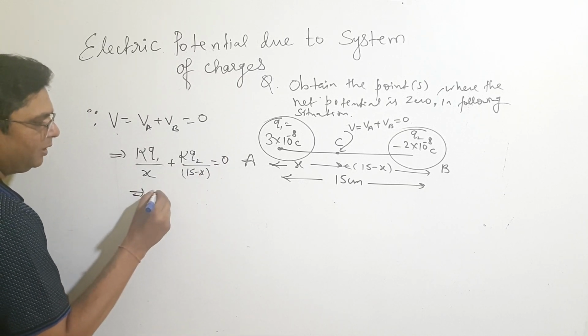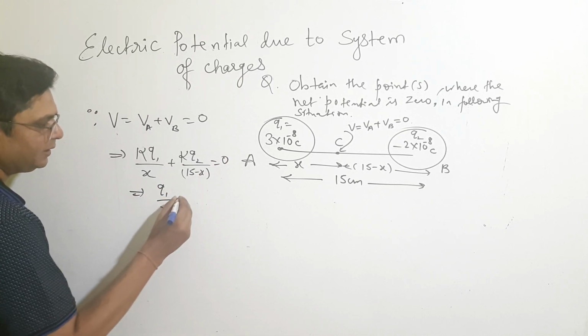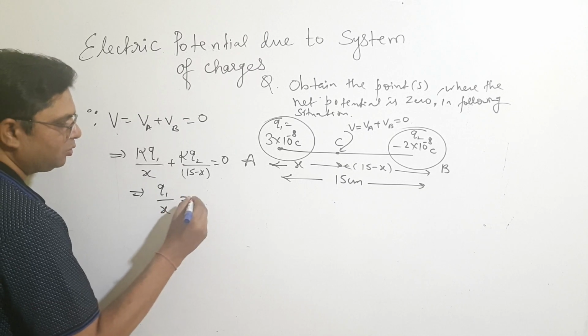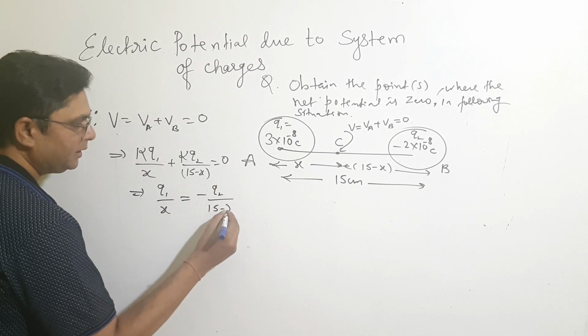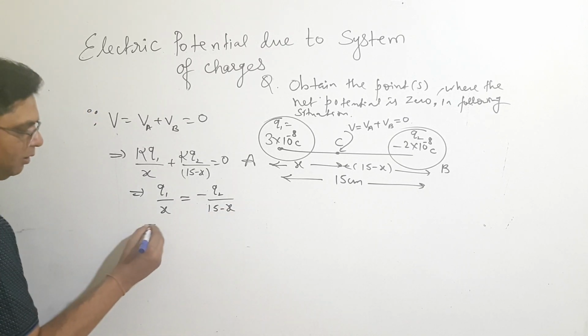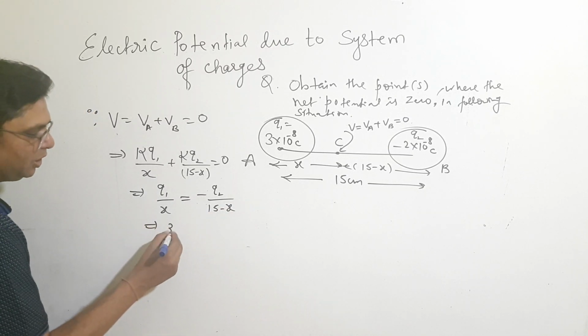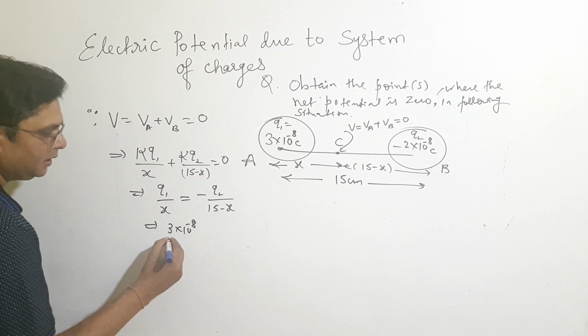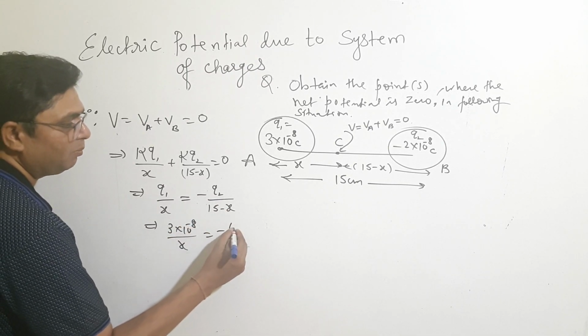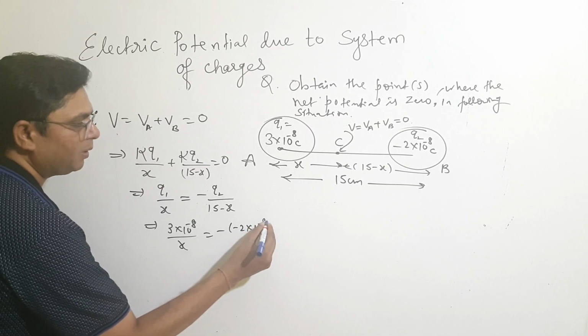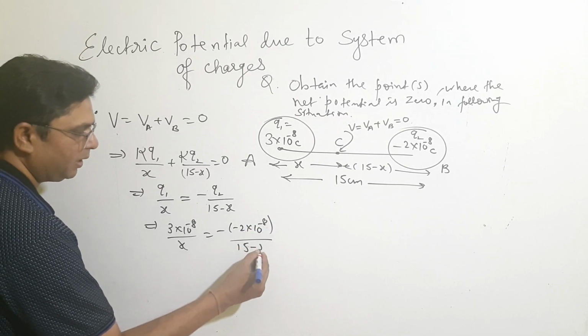So you have Q1 by x equals minus Q2 by 15 minus x. Put the value of Q1, this is 3 into 10 to the power minus 8 by x. Put the value of Q2, which is minus 2 into 10 to the power minus 8 by 15 minus x.